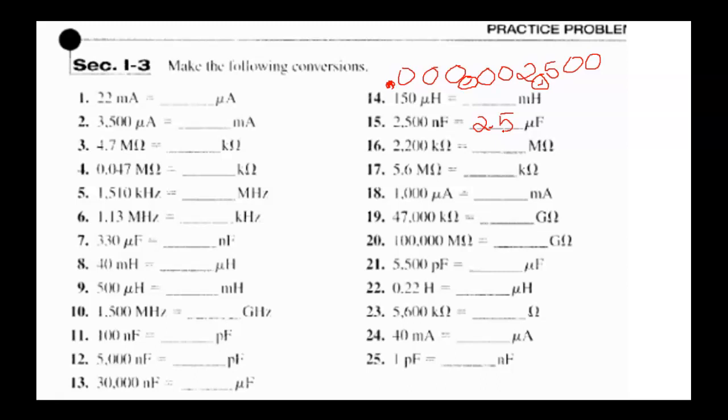So all I did was take it from the format I was given. I wrote it out into its full form. I went back 6. All I'm doing is taking the number I'm given and putting it into its original decimal format.